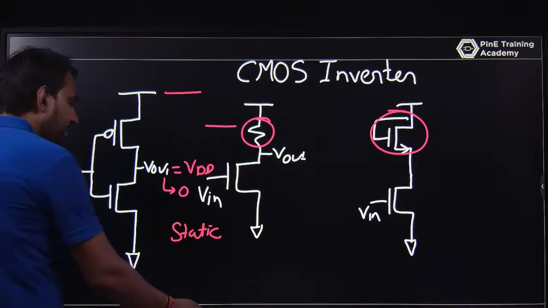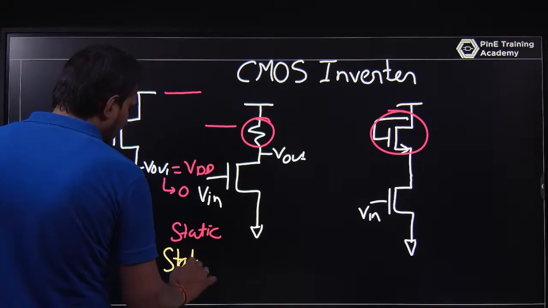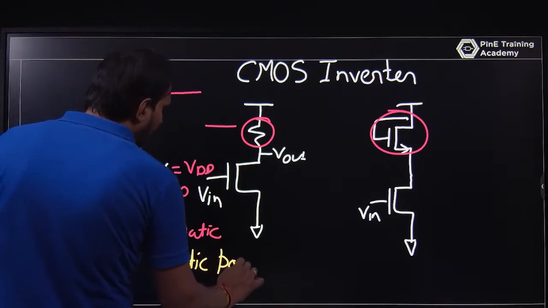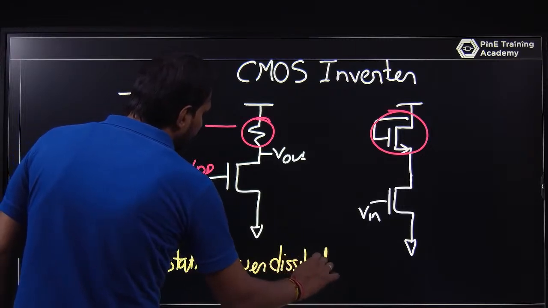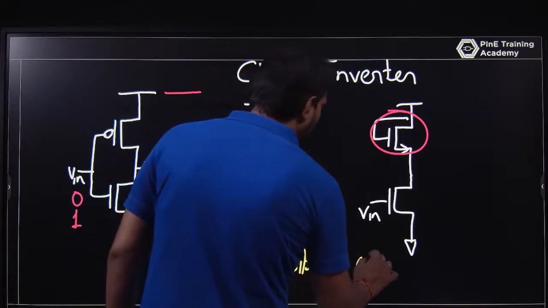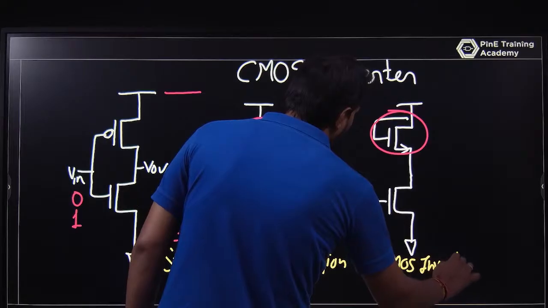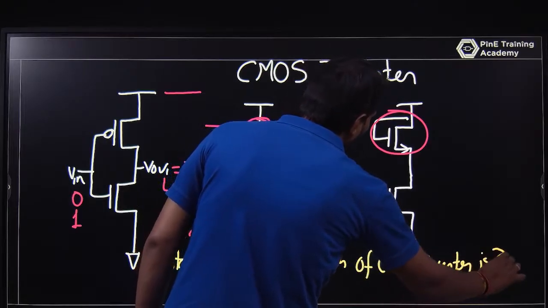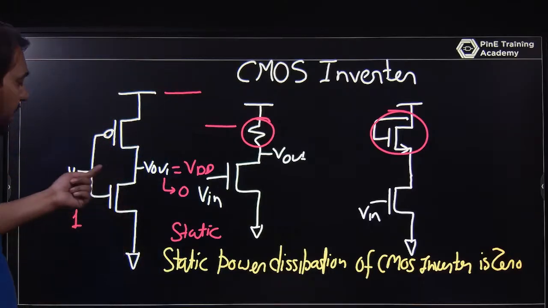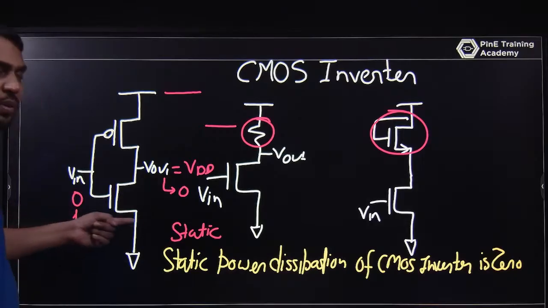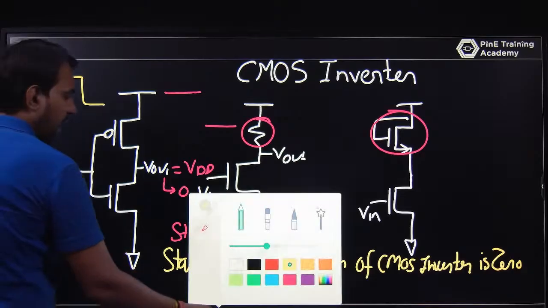That is why the static power dissipation of the CMOS inverter is always 0. Why is it 0? Because static means the input is always 0 or always 1, and for a static input it will provide a static output.